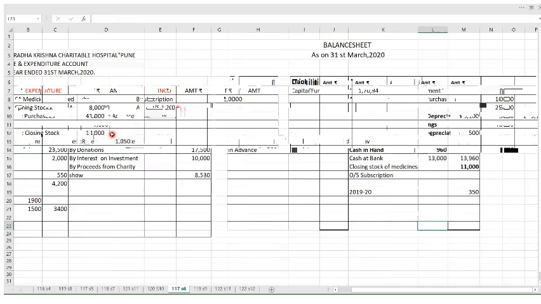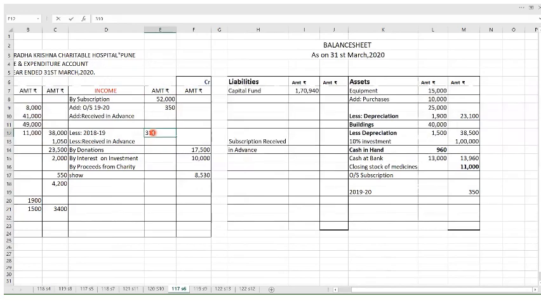Then the next, subscription received in advance. Subscription received in advance for 2019, that is 600. The current year is 2020. So we have to add the last year's amount received in advance, means we're going to utilize that particular amount for current year. So that is 600.